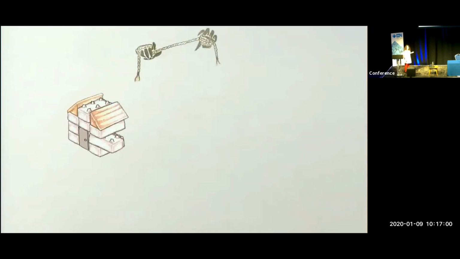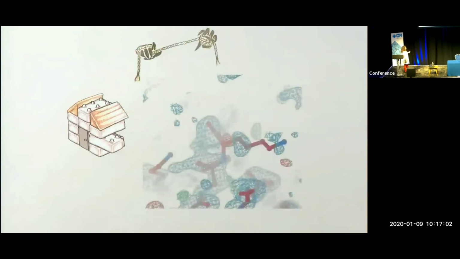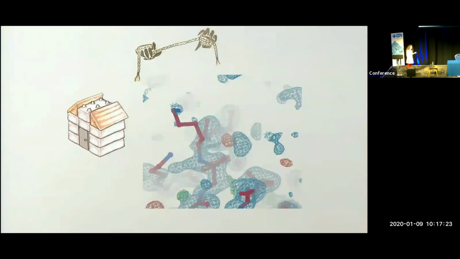And now if we have a look at the electron density for this region, the backbone density has reconnected, but it's no longer going along the original path of the model. So it's possible to correct this model to a slightly more corrected model, like so. And what's happened here is that lysine has switched from one minimum in the Ramachandran plot to a different valid minimum in the Ramachandran plot.